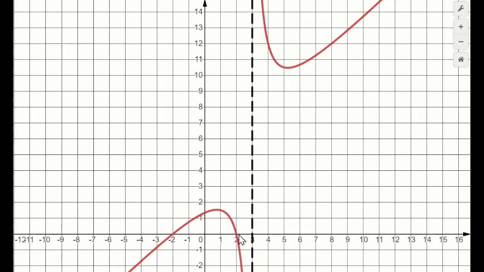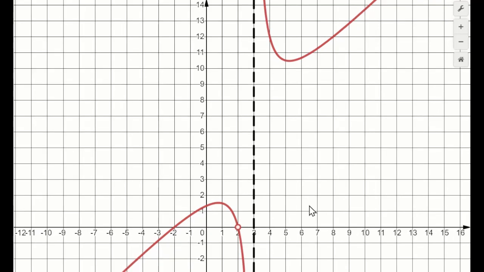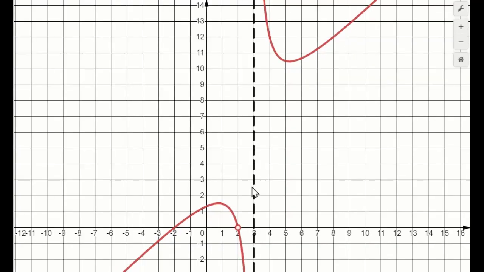So if you know this, that's good. If you don't, that's okay. But this graph will have a hole at x equals 2. When you learn my video lesson about what a hole of a rational function is, you will have a clear understanding of why we have a hole there. But a hole here really means we just cannot see. This is agreeing with the domain: the domain excludes x equals 3 and excludes x equals 2.